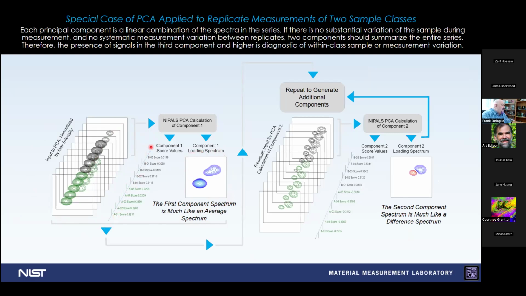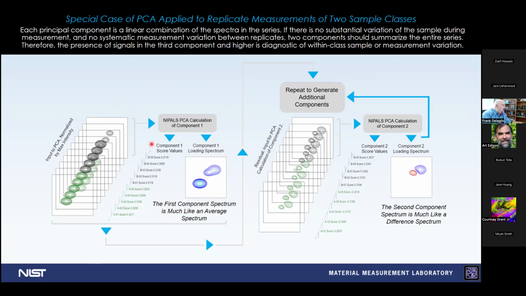And we adjust these coefficients such that the 2D spectrum we generate is the best match in a least square sense for all of the spectra in the series. So we make a linear combination of all of these in a way to make the best approximation for the entire series. And that's the first principal component.